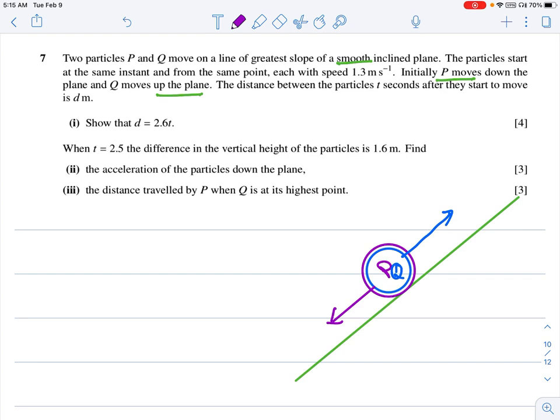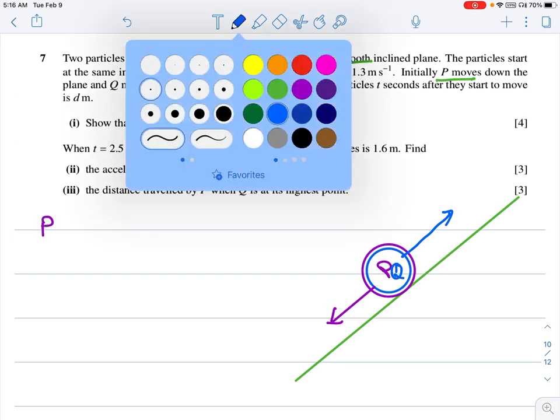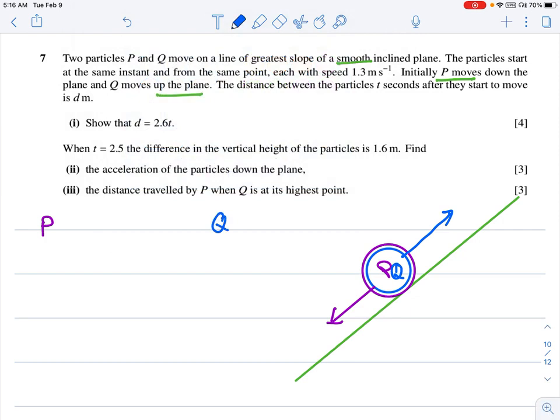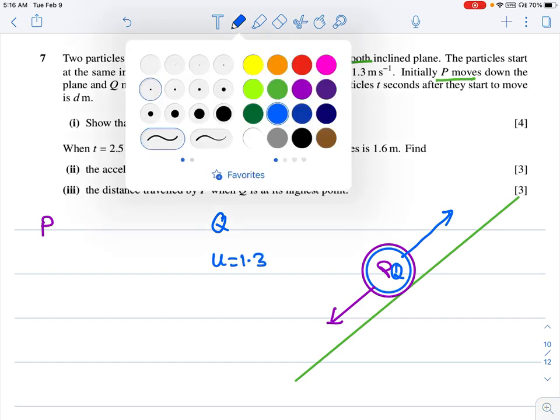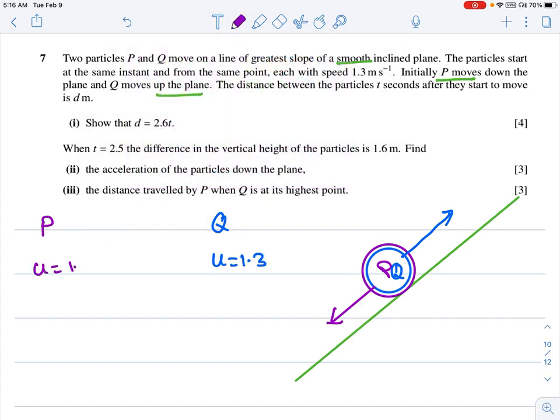How should I show that d is equal to 2.6t? Two particles. Now what am I going to do? P and Q. Let me do P and another particle Q, two different colors. Both are starting with initial velocity how much? 1.3. So over here also initial velocity is 1.3.